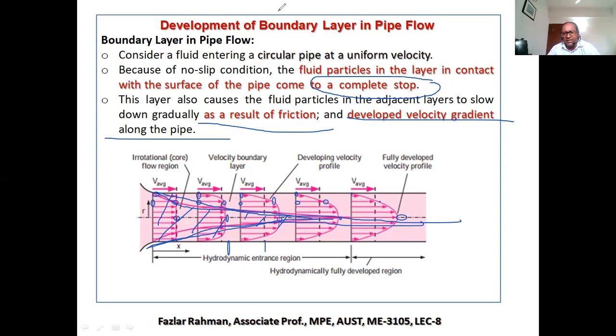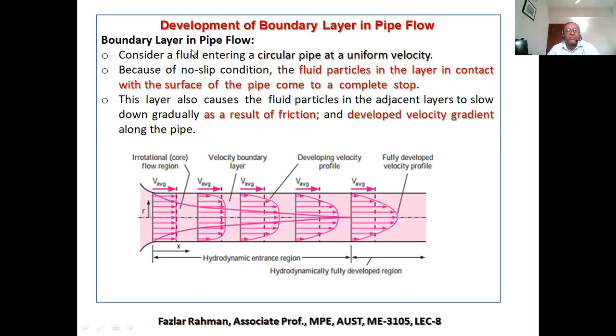Now, what is our target? You say this distance, we need this much distance to develop the full velocity. So, if you install equipment right over here, velocity is not developed fully because velocity is gradually changing, gradually increasing.